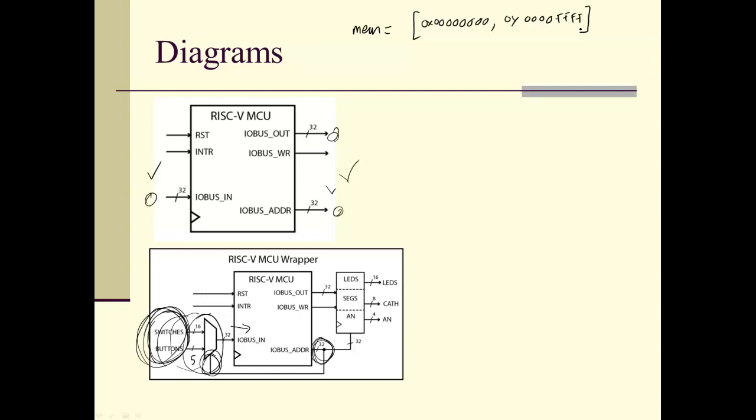Now, what we're interested in is how many addresses are dedicated to I/O, and that's going to be the entire range, 0xFFFFFFFF minus 0x0000FFFF.